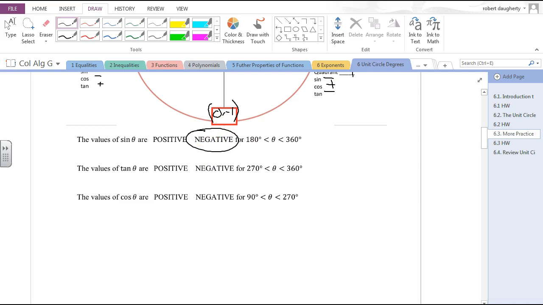What quadrants are between 270 and 360? 4th quadrant. What's the value of the tangent? Negative. What's the cosine between 90 and 270? What quadrants are those? 2 and 3. Cosine is negative.